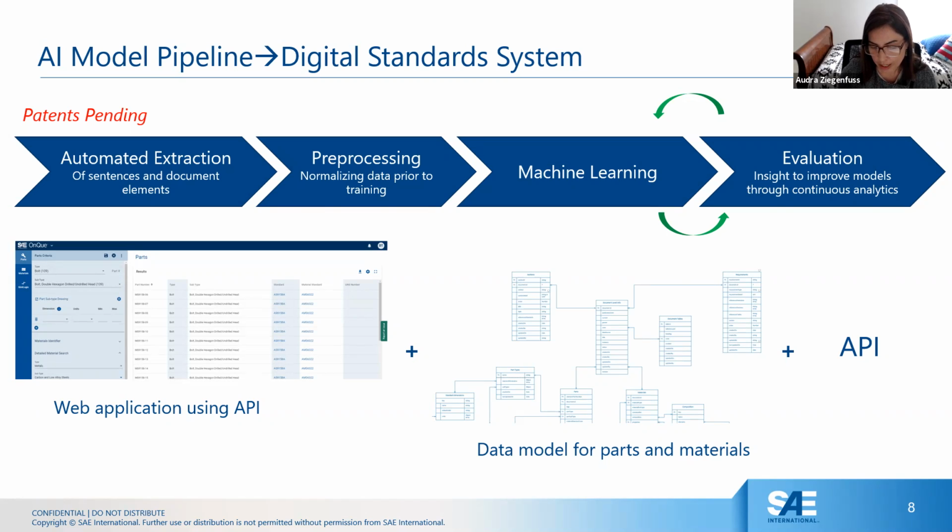We also extracted all of the data points within those tables. Then we categorized the different sentences into what we'll call requirements. And then we categorized the tables, and then we categorized the data within the tables. So we came up with an extensive, fairly comprehensive data model out of this.